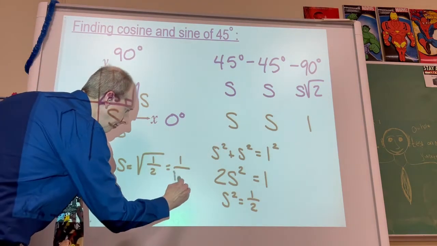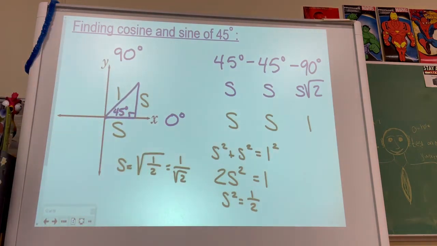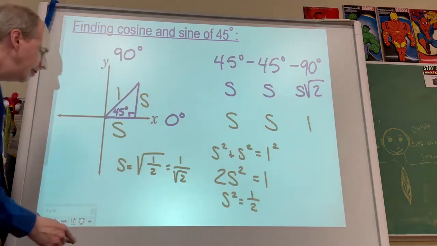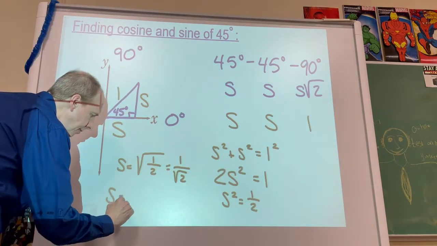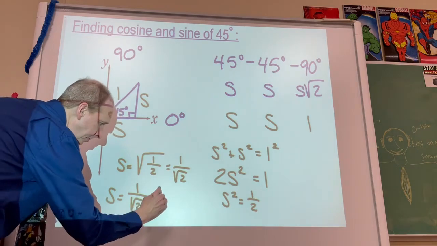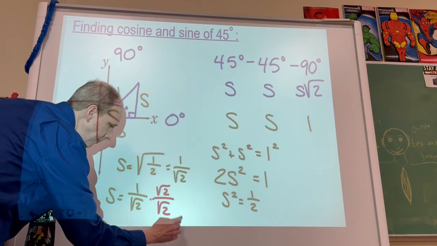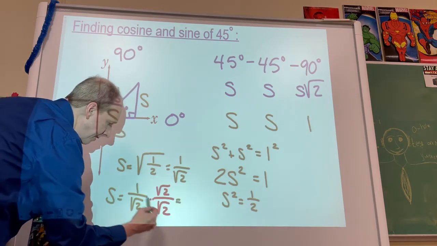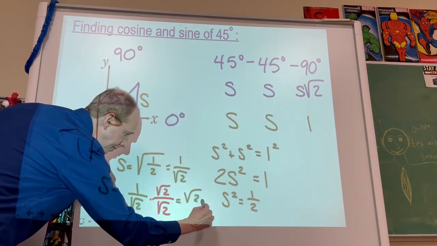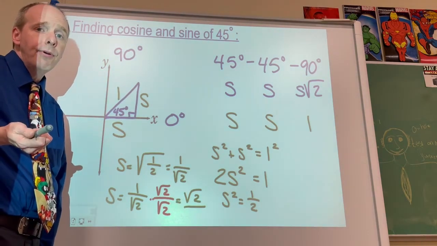No, it's a decimal. So we could say that my sides are 1 divided by radical 2, but we would never leave a radical in the denominator. So what we would do is we would rationalize. Rationalize, you multiply the top and the bottom by radical 2 over radical 2. And that will give us 1 radical 2. Radical 2 times radical 2, well, that's radical 4.